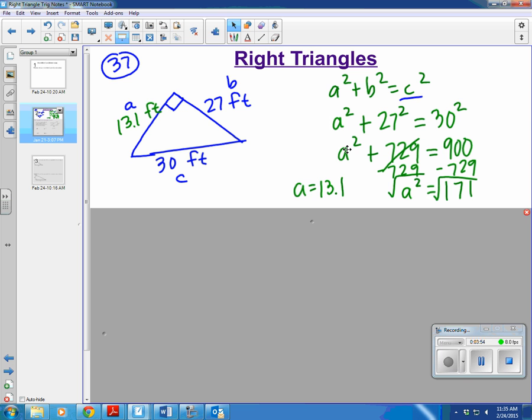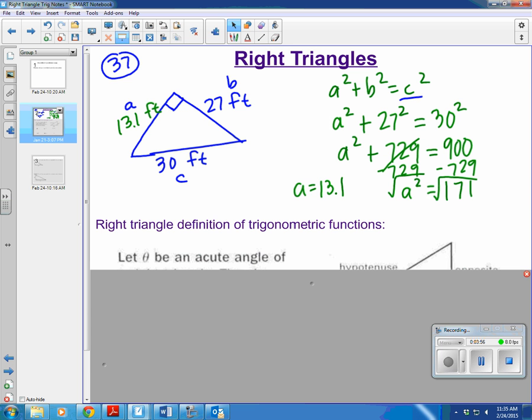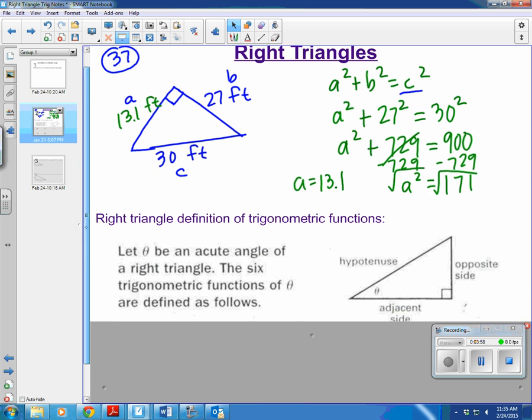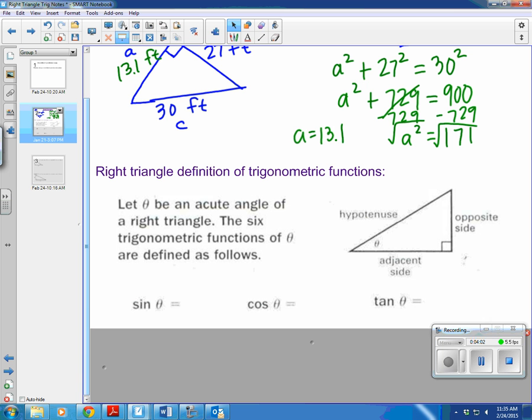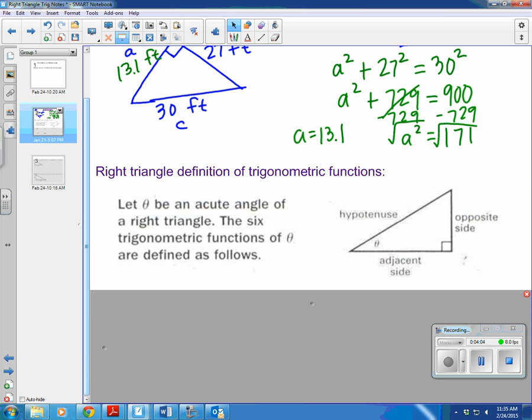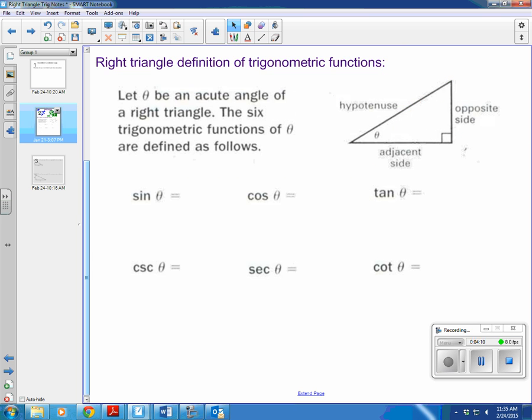And now we're going to talk a little bit more about right triangles. And I need you to write some stuff down below that. Okay? So write this stuff below that. It's regarding right triangle trig.